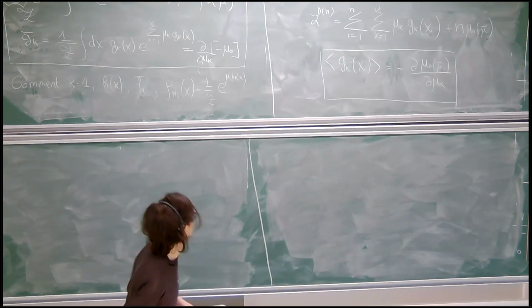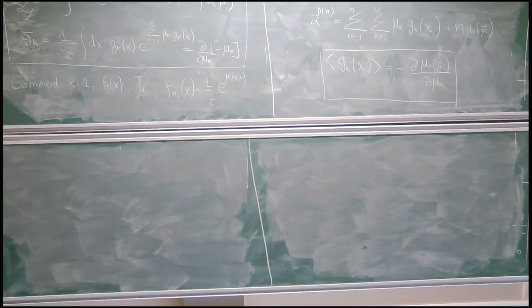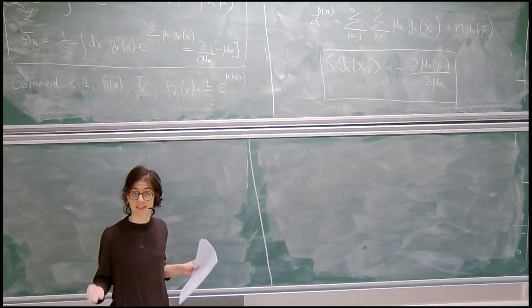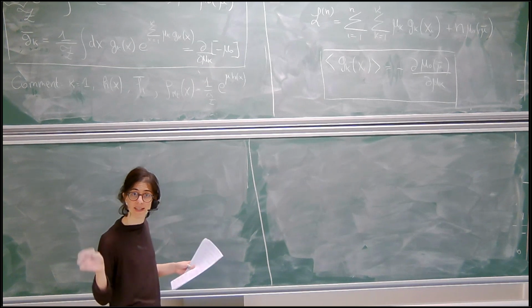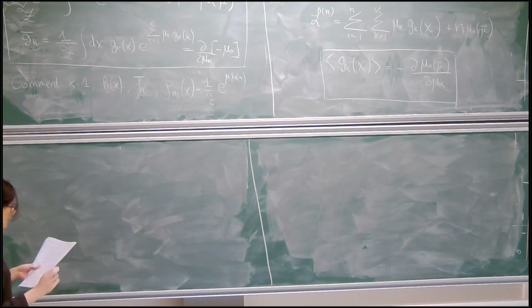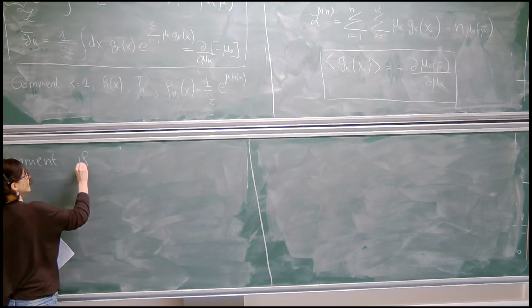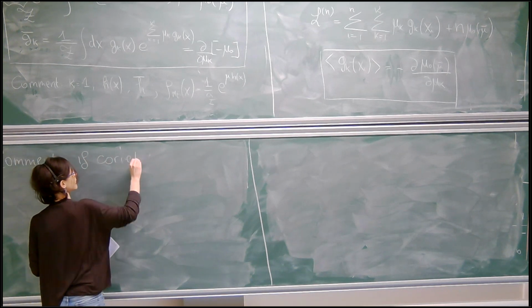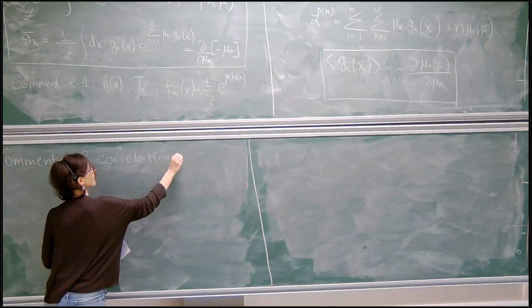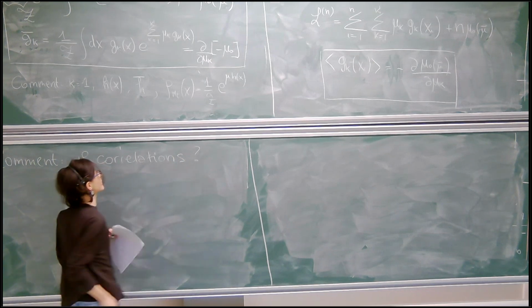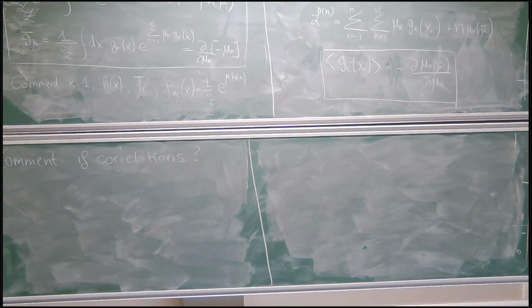So if you remember, what we assumed and stressed at the beginning is that we always assume that the data that we have are obtained sampling in an independent way from a given underlying distribution. So now we can ask, what happens when instead we have data that are extracted from a process which has some correlations.